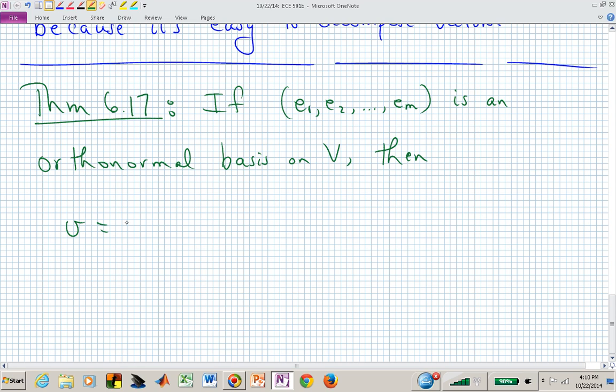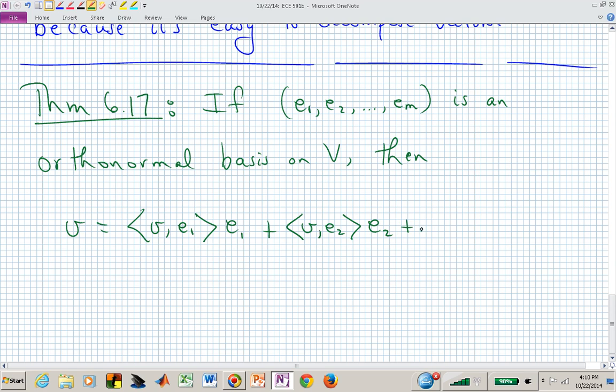Meaning we can now decompose this as the inner product of V with E1. That gives us the amount of V in the direction of E1, so scale E1 by that amount. Then find the amount of V in the direction of E sub 2 and use that to scale E sub 2.